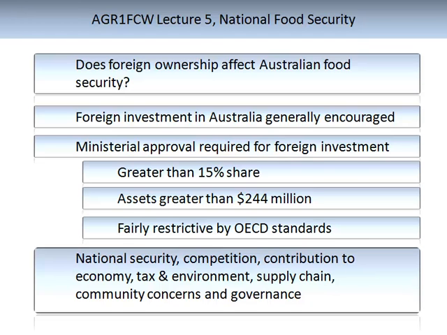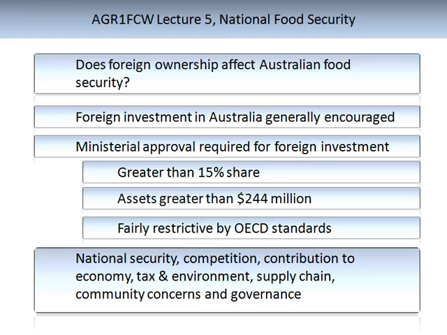On a governance level, foreign investment in Australia is generally encouraged. It requires ministerial approval if the investment is greater than a 15% share, or the assets are greater than 244 million.